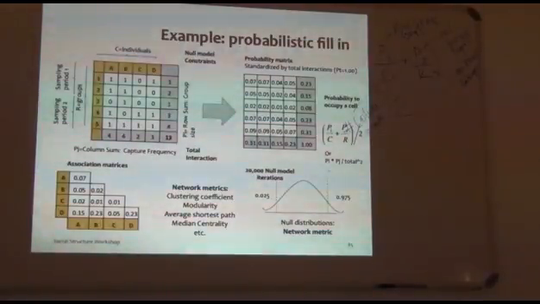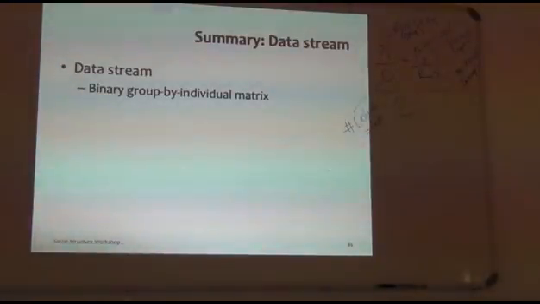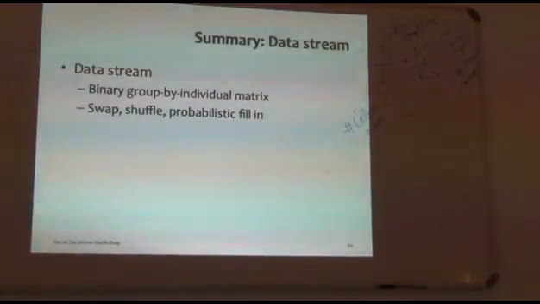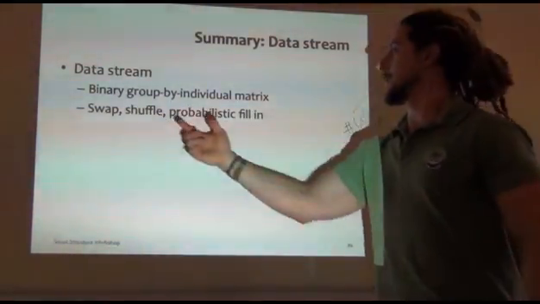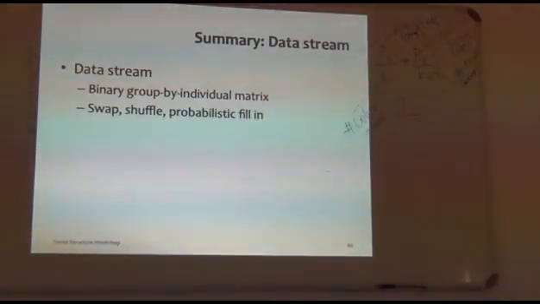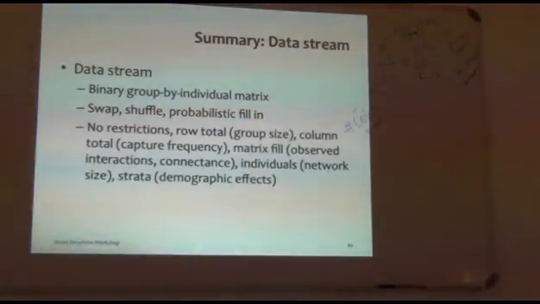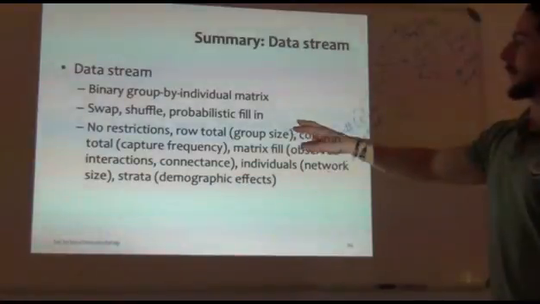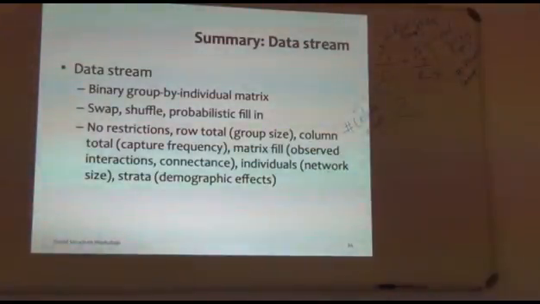Right, so I'll just summarize this and then we start doing. We can either work on the raw data, grouped by individual, and if you're doing that, we can swap things, shuffle things, or use this probabilistic approach. We can use no restrictions or all types of restrictions we have: group size, capturability, matrix fill, network size, demographic factors.